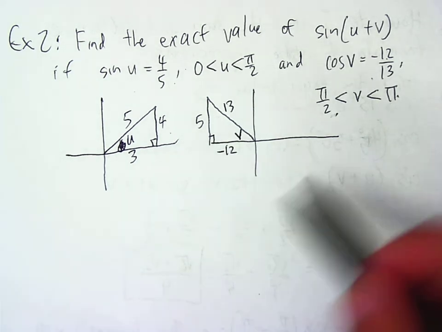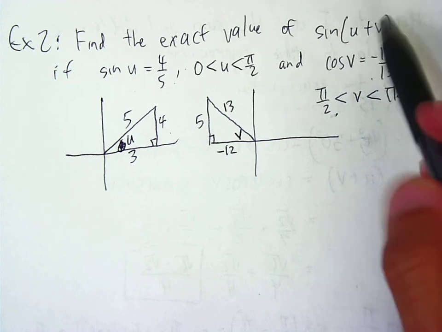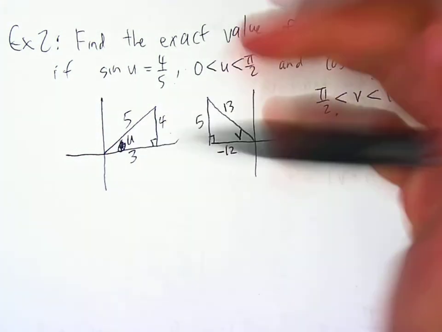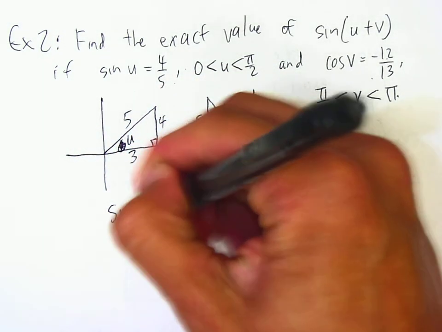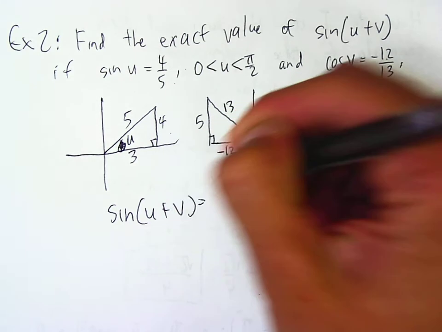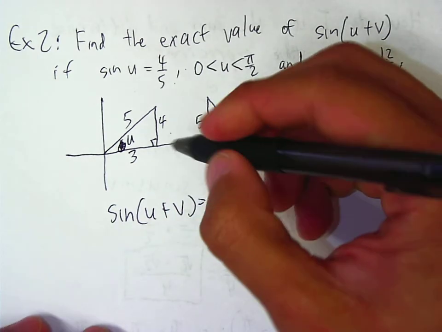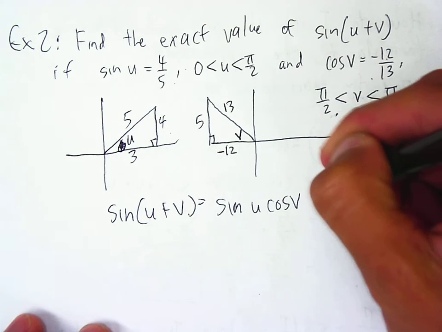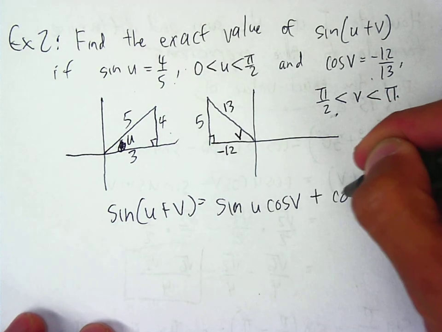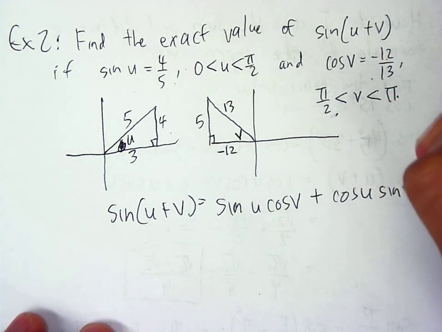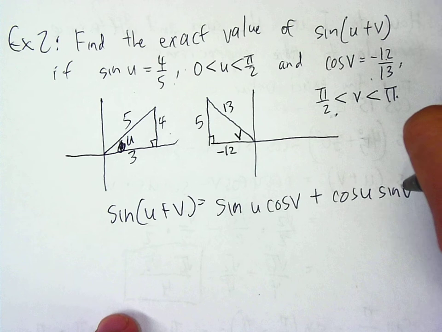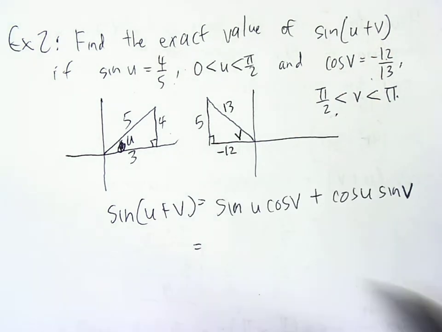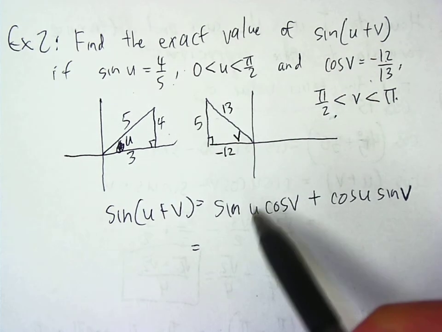Okay, so now that I know that, they want us to find sine of u plus v. Well, that's just one of my sum and difference formulas. So sine of u plus v equals the sine of u, the cosine of v, plus the cosine of u times the sine of v. Okay? So you just have to make sure you're looking at the right triangle.